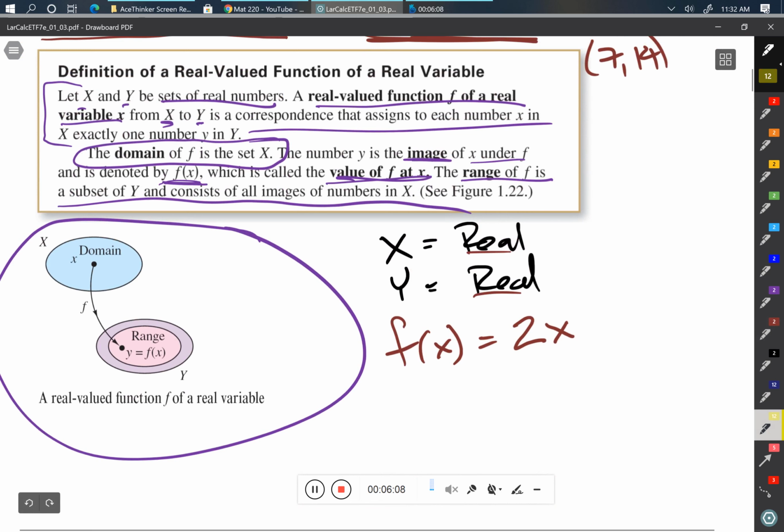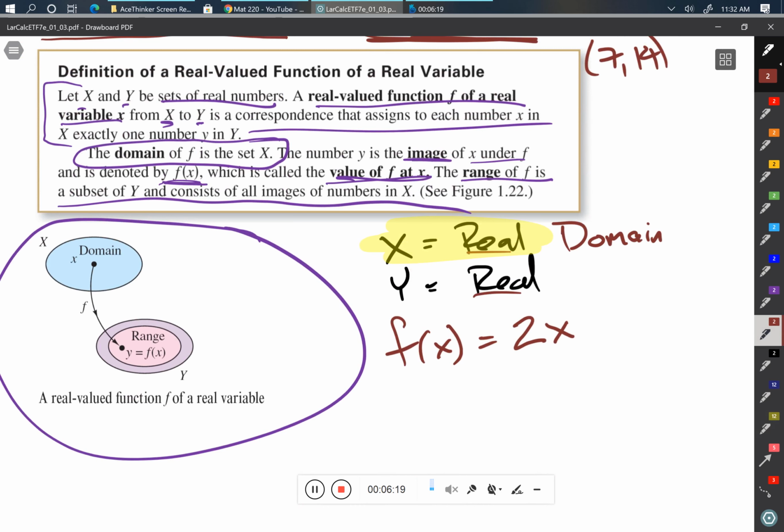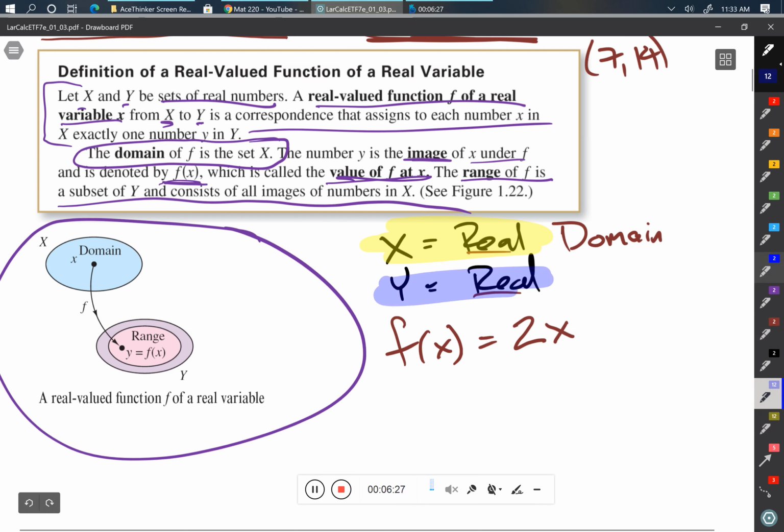Okay, so what does this language tell me? What is it supposed to be telling me? Well, I've got a set here, which is my domain. It's the set where things start. It's my values that I can choose to put into my function. I've got a set here, which is where these things are going to get mapped onto. And then I've got a rule here that tells me how to do this mapping.